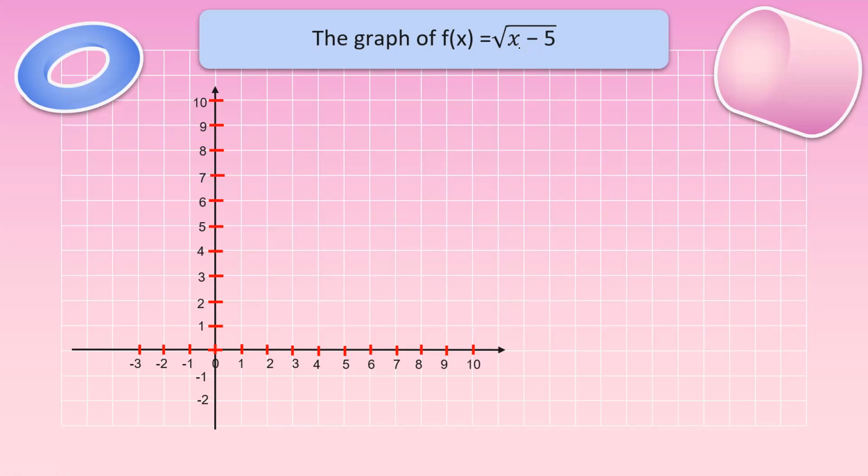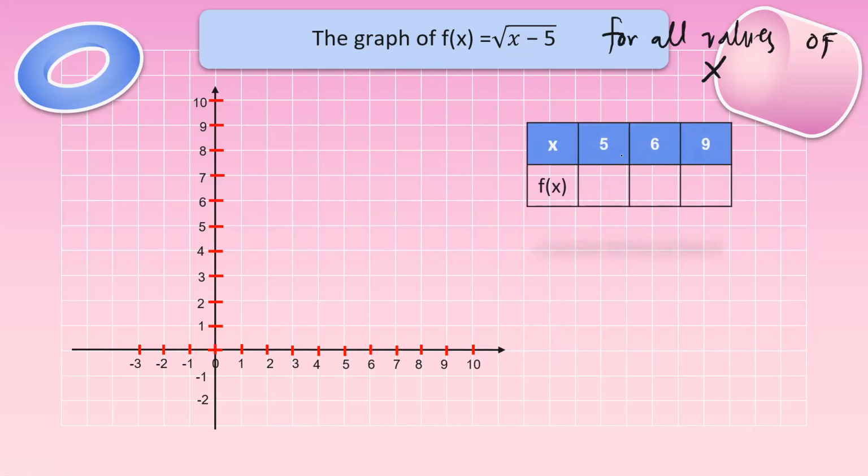Since wala matatagai og value ni x, meaning this is for all values of x. Karon nag-assume ko ako ang value ni x kay nakoy 5, nakoy 6, nya nakoy 9.